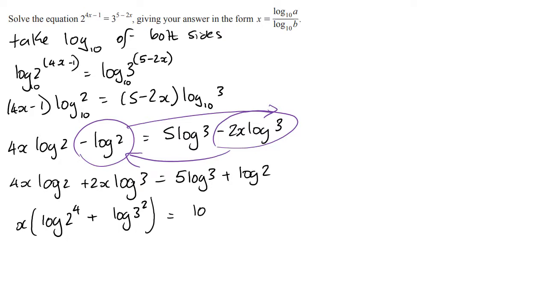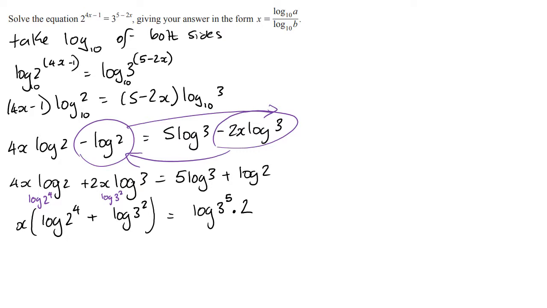This is going to be log 3 to the power of 5 times 2, using the power rule followed very quickly by the multiplication rule. Just to remind you, when I take the x out, it's going to be log 2 to the 4. This one, when I take the x out, is going to be log 3 squared.